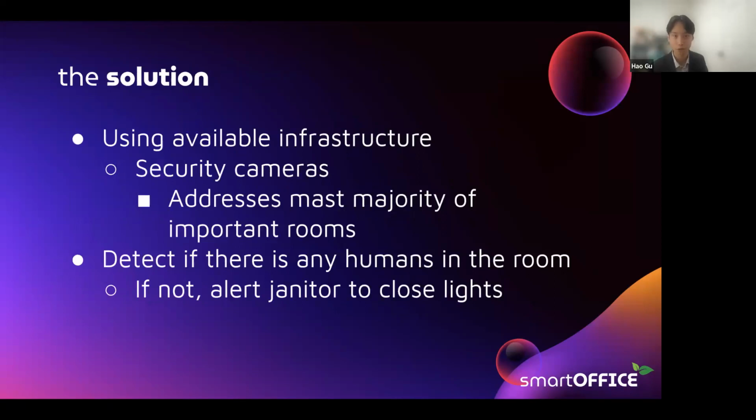Using available infrastructure such as security cameras, basically, security cameras will be able to address the vast majority of important rooms, such as big meeting rooms and just big workplaces. And if no humans are detected in the room, it'll alert the janitor to turn off the lights or the AC.